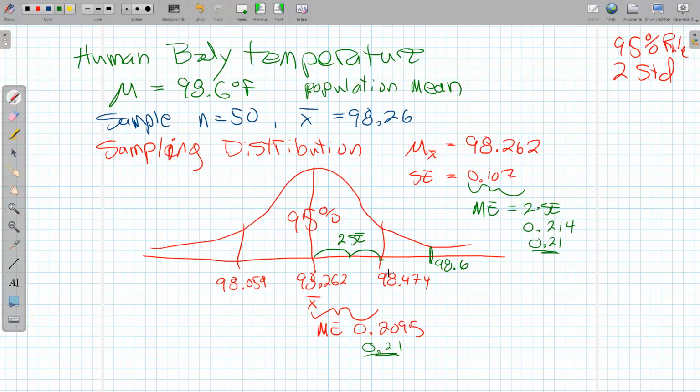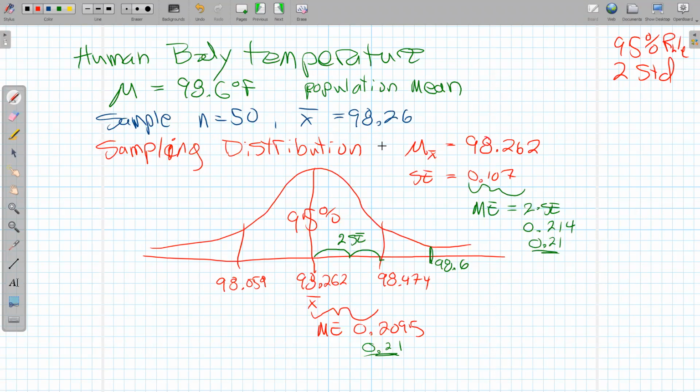One, maybe this is just a weird sample of healthy adults. Two, maybe 98.6 isn't true. And it could be a little bit of both. There's more evidence that average human body temperature has been dropping, so it's less than 98.6, and that's what this seems to indicate here.